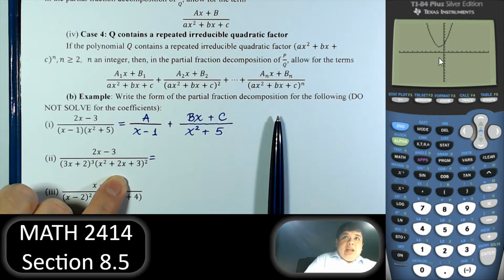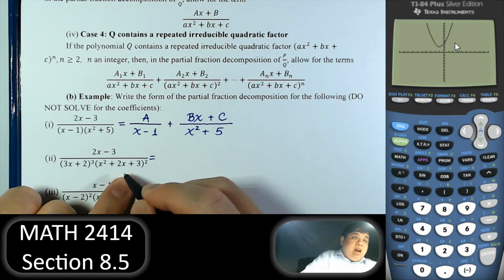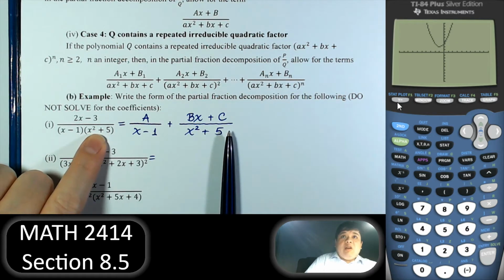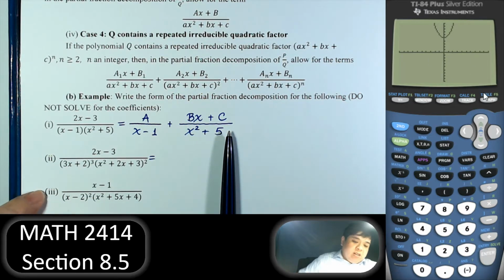If it intersects the x-axis, that means it can be factored. This one cannot. So the quadratic factor has to be irreducible. Same thing as the x squared plus 5 earlier, we cannot factor that because it also does not intersect the x-axis.